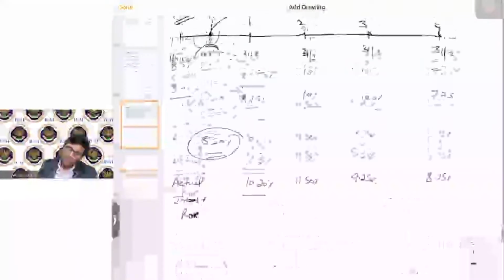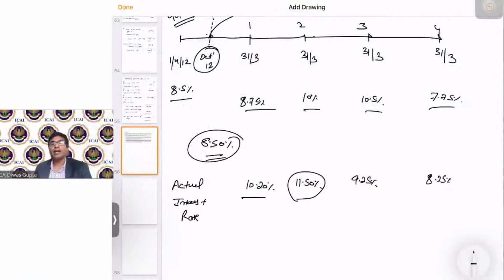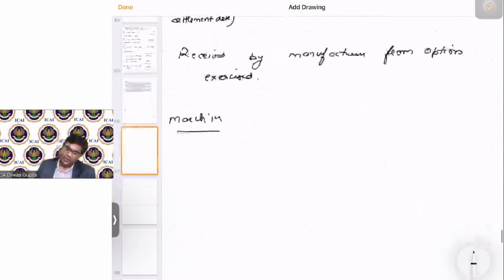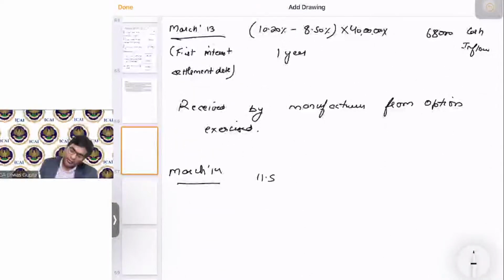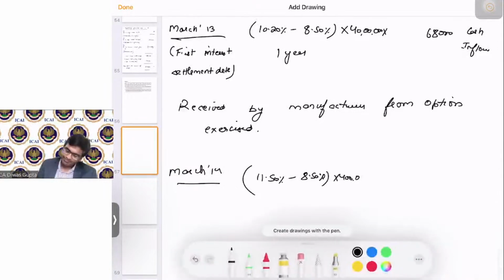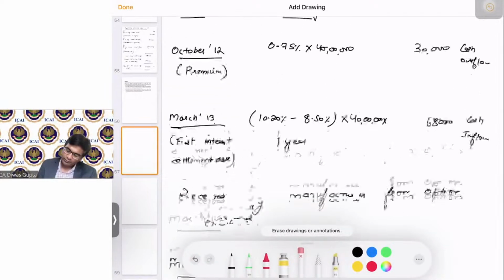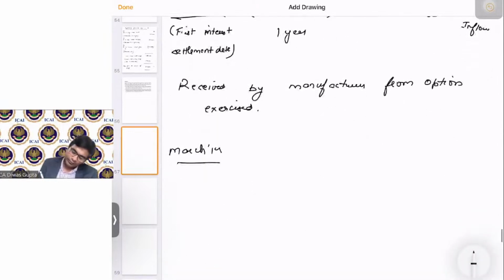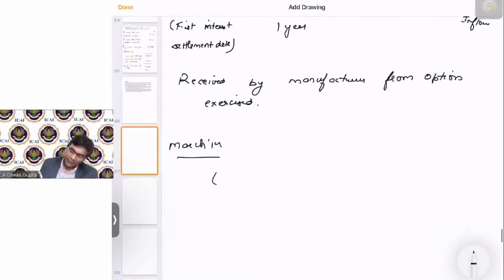So March 14, the interest has gone even higher, which is 11.5. So still the textile manufacturer will exercise the option. How much it was? 11.5 for 1 year. This comes as 1,20,000.